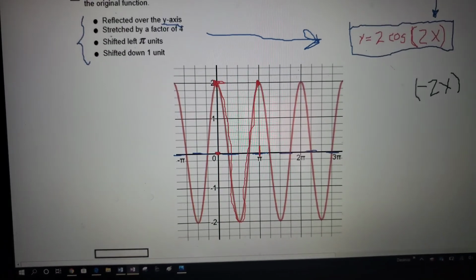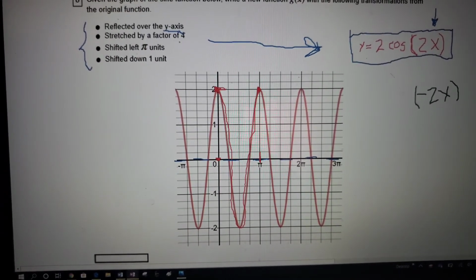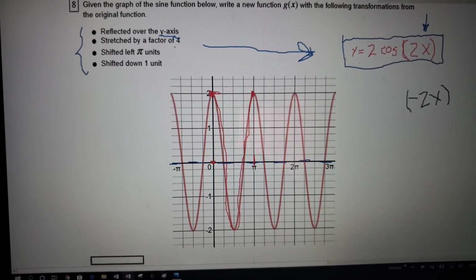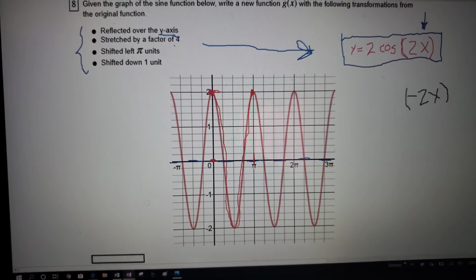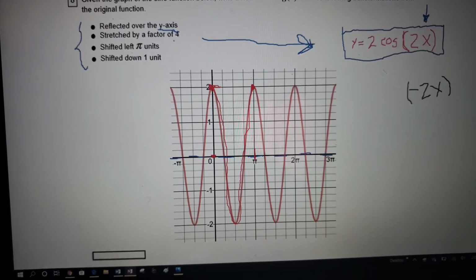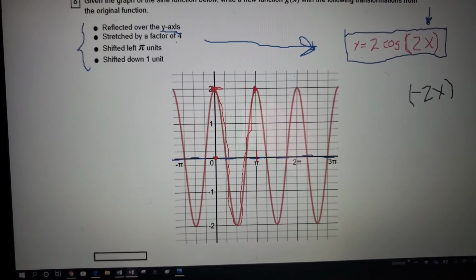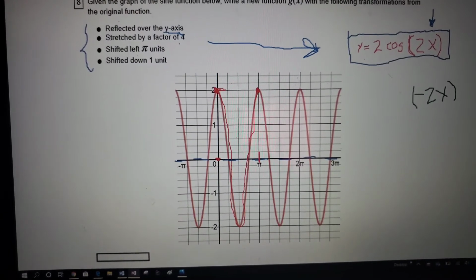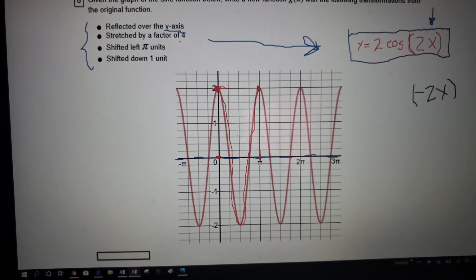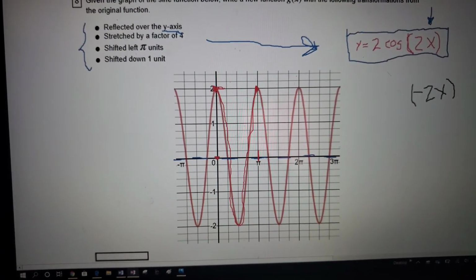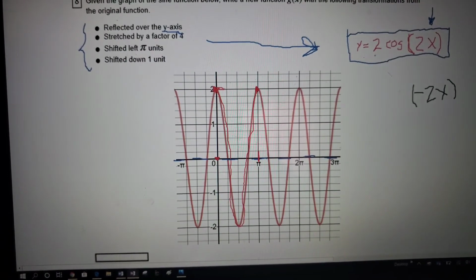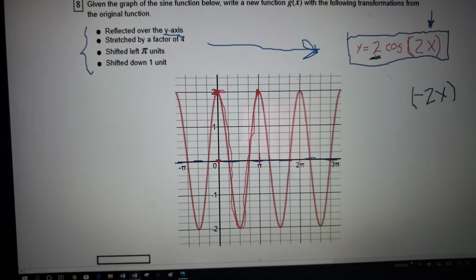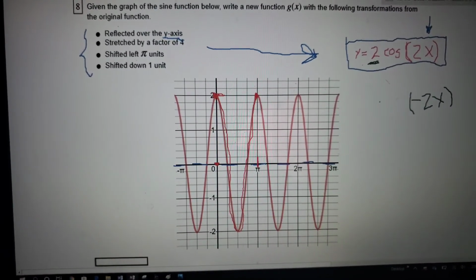Then the next one, it's stretched by a factor of 4. Now again, it doesn't tell you if it's a vertical stretch or a horizontal stretch. So let's make this one stretched vertically again. If it's stretched vertically, it affects the amplitude. So it'll be 4 times 2, that'll make it 8.